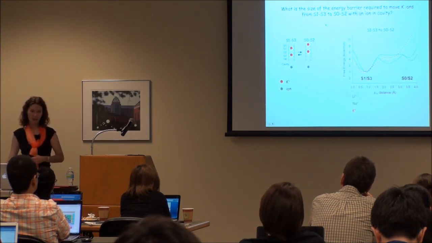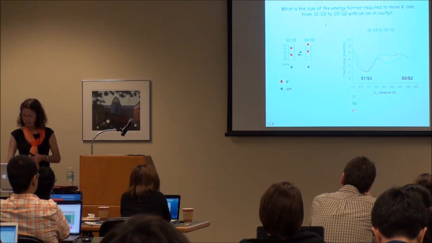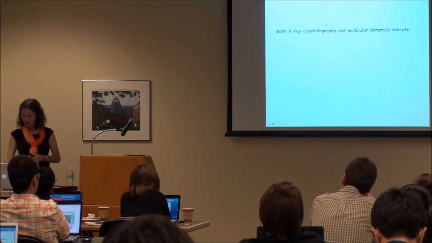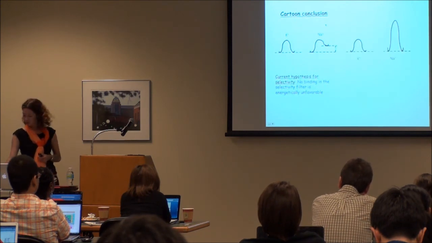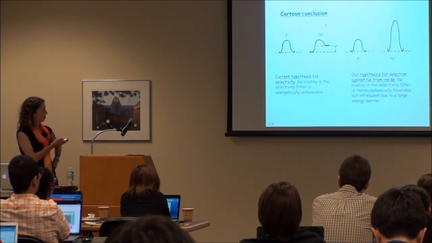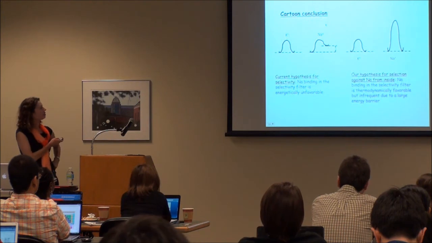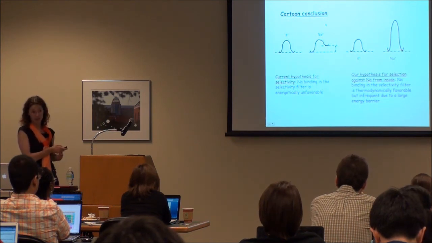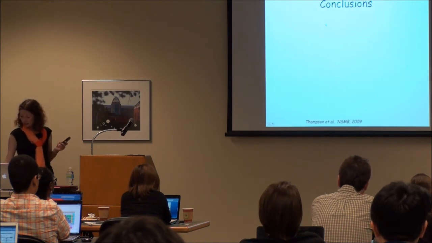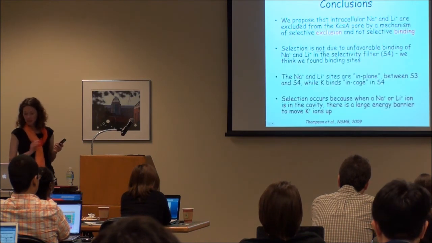And that's about how much you need to overcome this situation. So sodium is not favored in the selectivity filter. It's favored, but there are larger energy barriers for sodium to get where it wants to go. Okay? And so those are the conclusions.